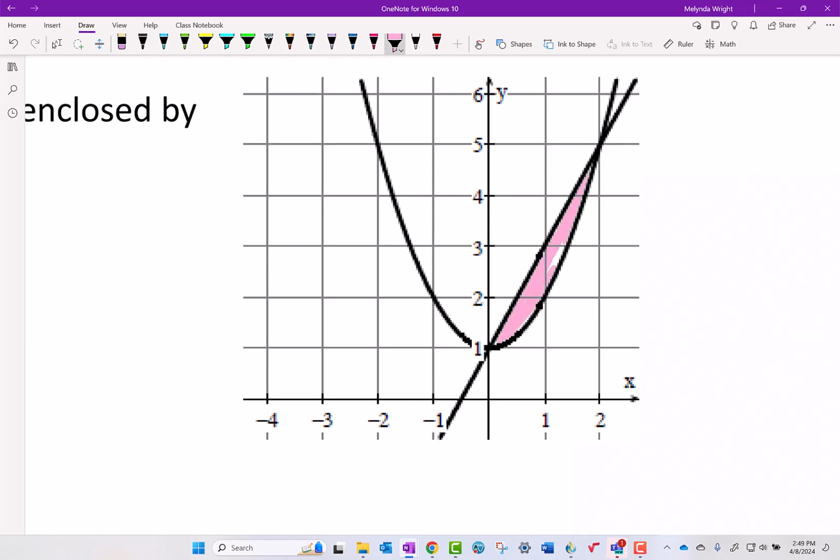So we're going to rotate that about x equals negative 1, which is right here. Okay. This is a vertical axis.